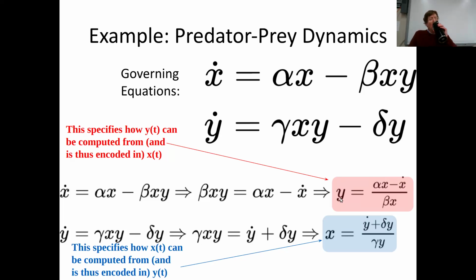And what this is specifying, if you think about it, is somewhat astonishing. It's somewhat astounding, right? That given information purely about the prey, the current numbers, the rate of change, we can derive uniquely the value for the number of predators that must be around. That's what this is saying.